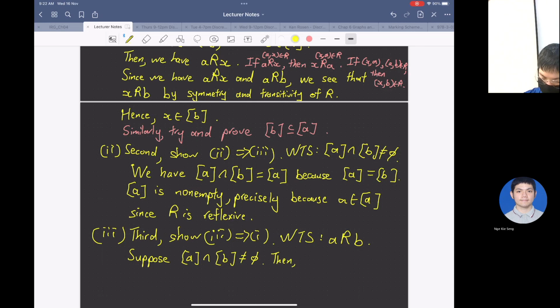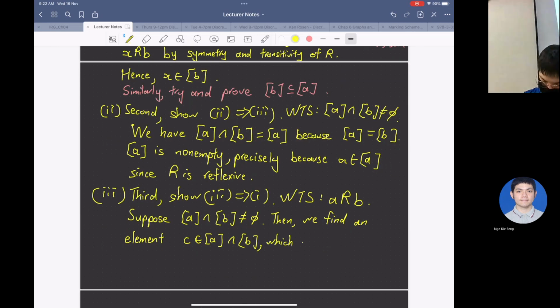Then we can find an element, call it C, in the intersection.